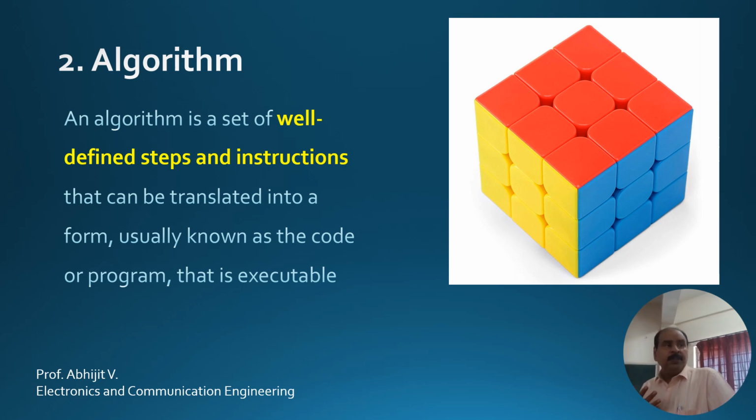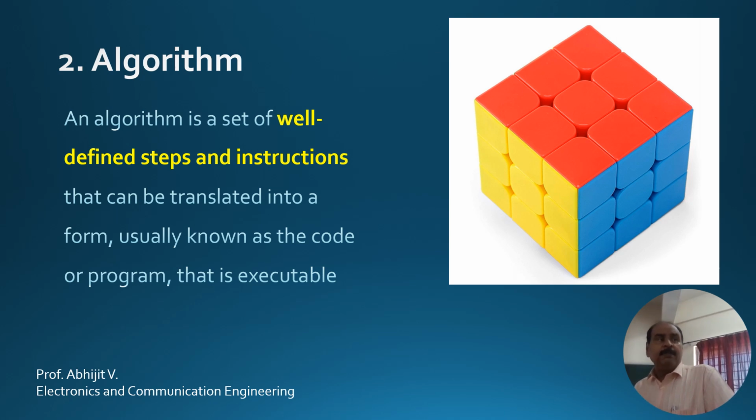Start step 1, step 2, step 3, step 4, and so on. This approach is called the algorithmic approach. Usually, an algorithmic approach is a step-by-step solution to a problem that could be executable by a computer.